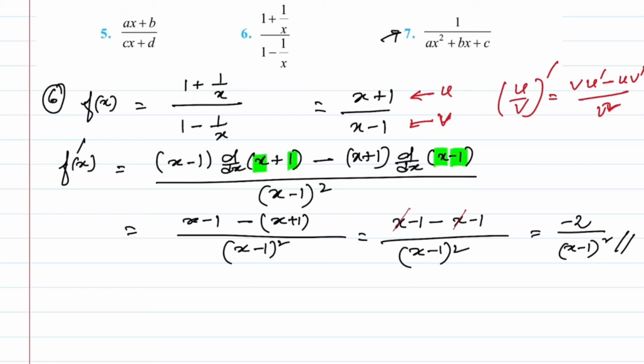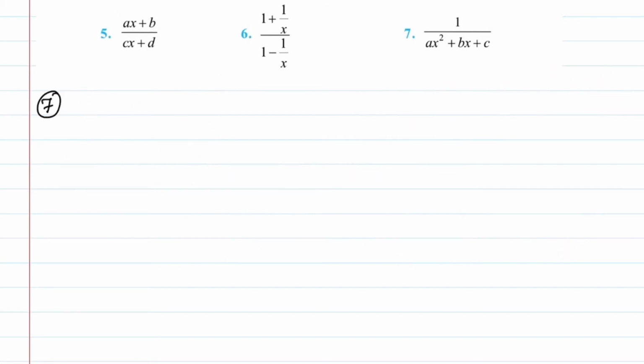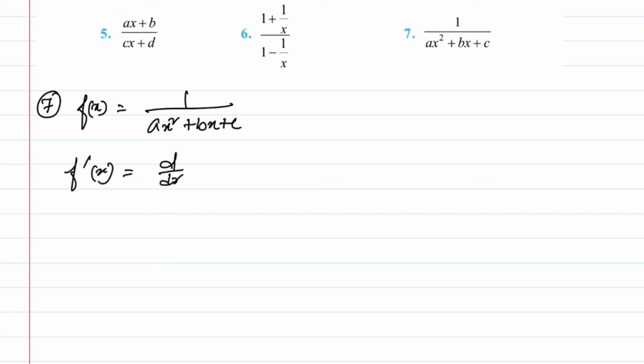So now let me show you number 7. How to solve this? Here the function is f of x is equal to 1 by ax square plus bx plus c. Now the derivative f dash x is the derivative of 1 by ax square plus bx plus c.